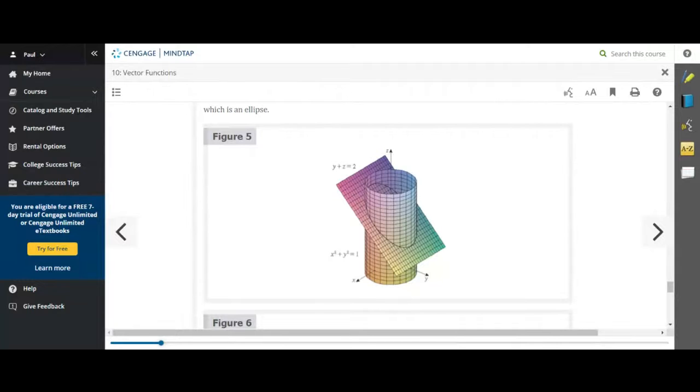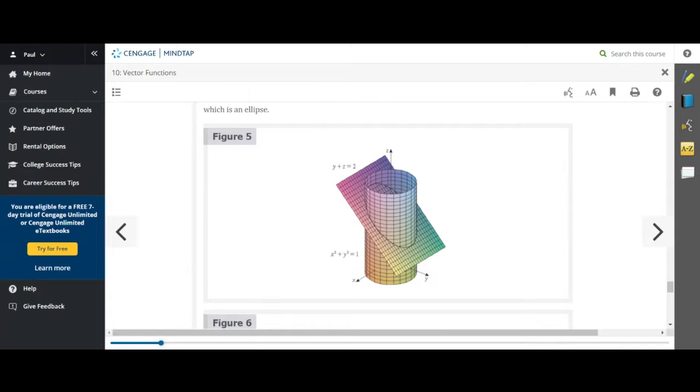Again, you could graph these surfaces in MATLAB; you have to use what's called the hold on command if you want to graph two surfaces. Graphing a cylinder is not as straightforward as you would think, but let's just focus on this picture. In figure 5, they drew that vertical cylinder and the plane y plus z equals 2.